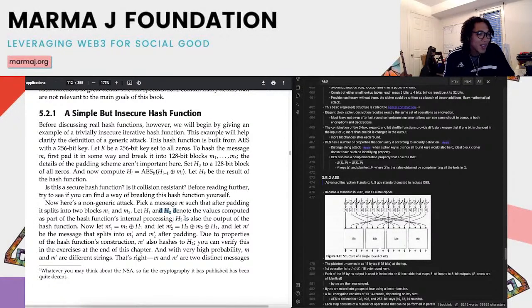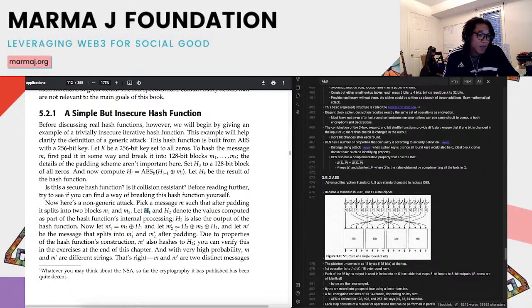That's fine. Now let M1 prime equal M2 XORed with H1, so some piece of the hash function.